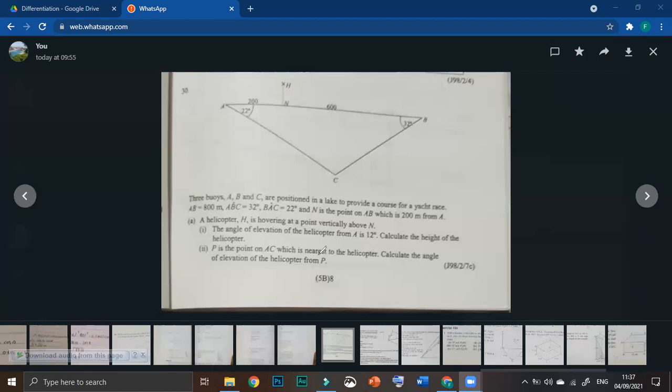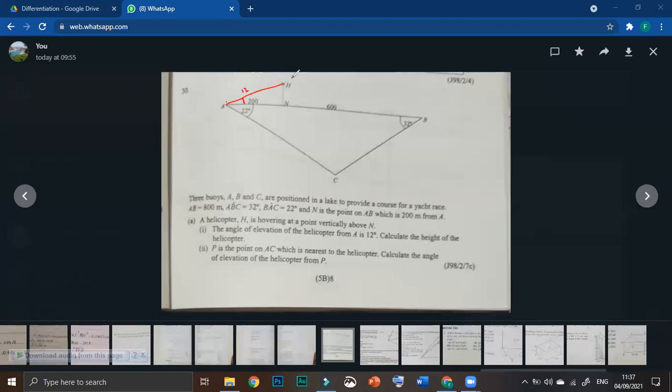Calculate the height of the helicopter. The angle of elevation of H from A is 12. This one is point A. This one is point H. This angle is given and this angle is equal to 12. Now we want to find out the height of the helicopter.